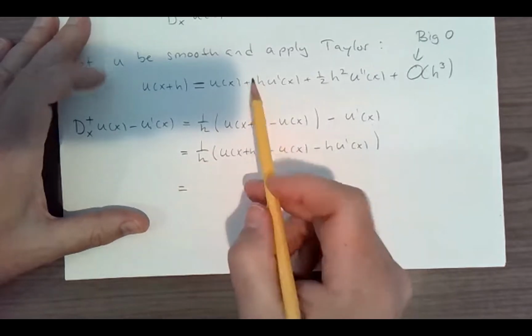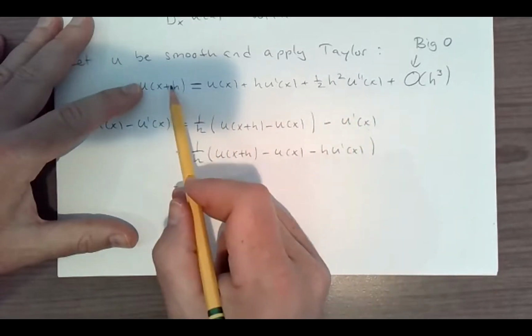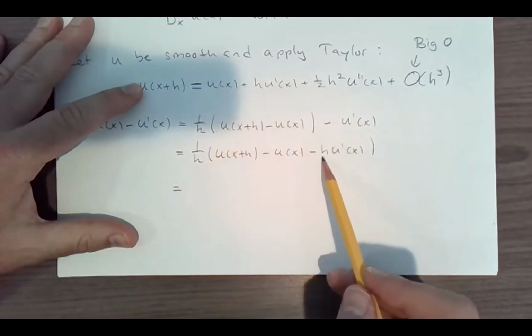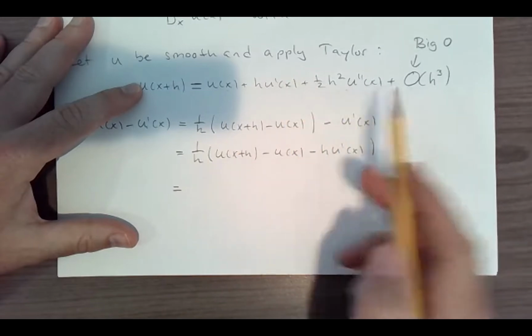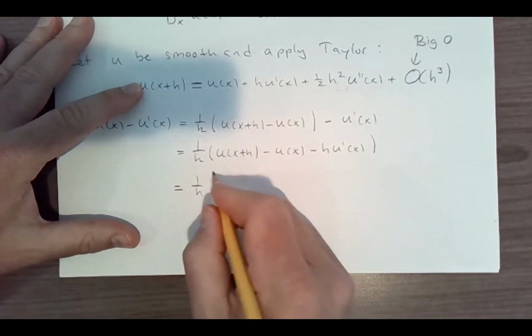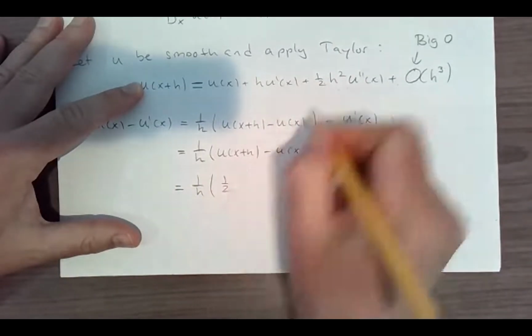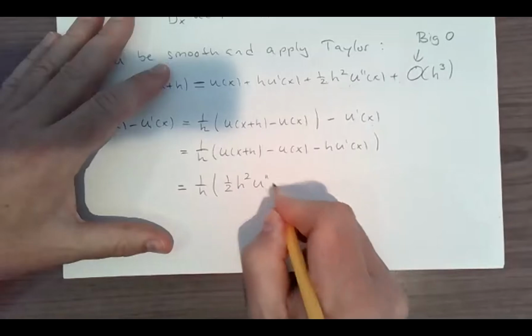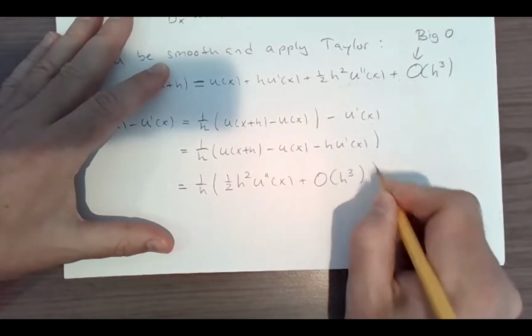And then I use the Taylor series. I have minus u of x here, minus h u prime here. So what is left is these two terms: 1 over h times 1/2 h squared u double prime of x plus big O of h to the power 3.